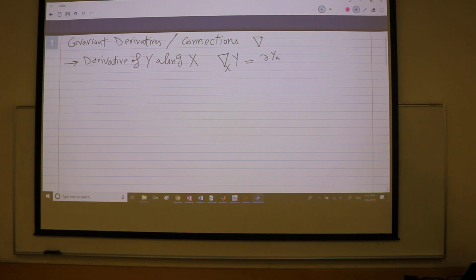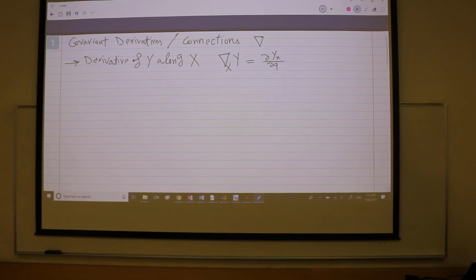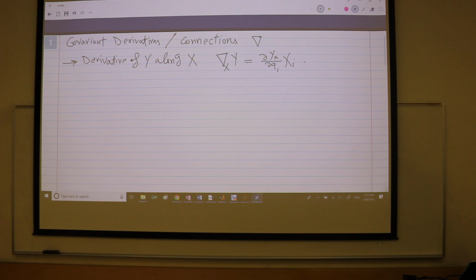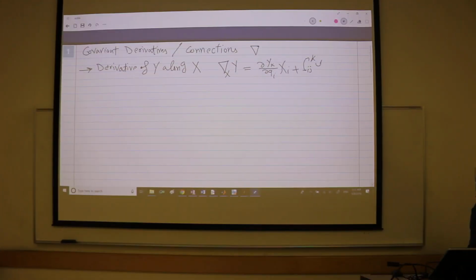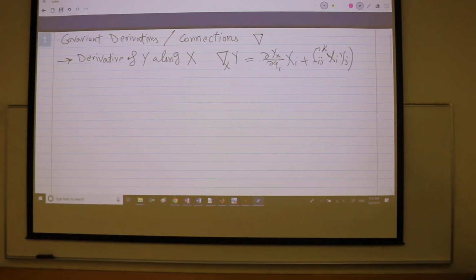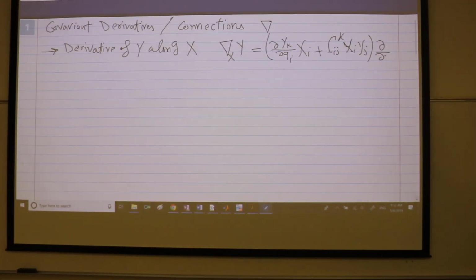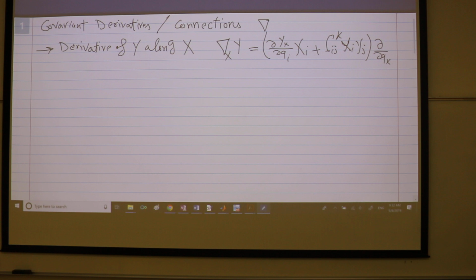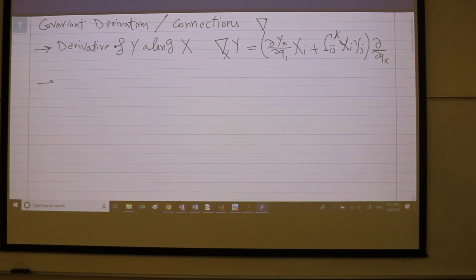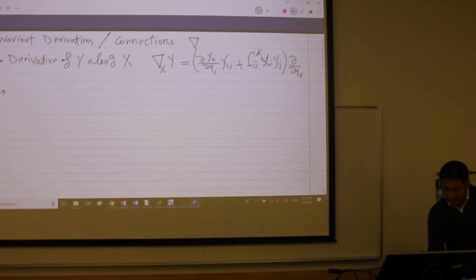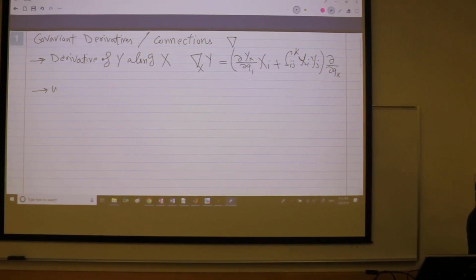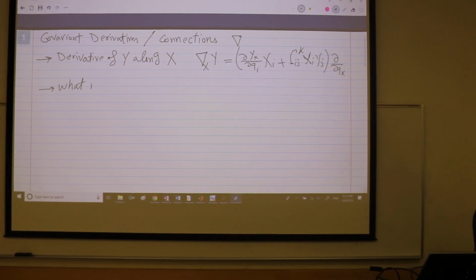I k partial q, say I xi plus gamma I jk, the Christoffel symbols, xi, yj, and this is the k component, so this is partial qk. So we can do derivatives intrinsically on the manifold, and this allowed us to say, what do we mean by parallel?